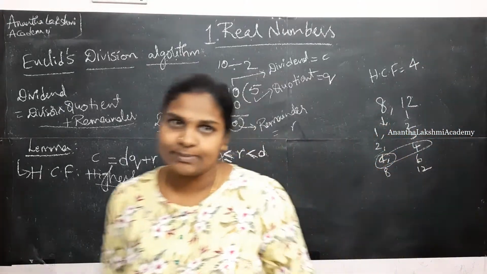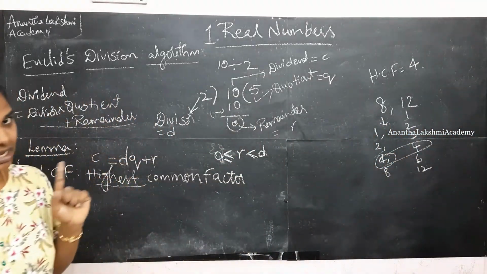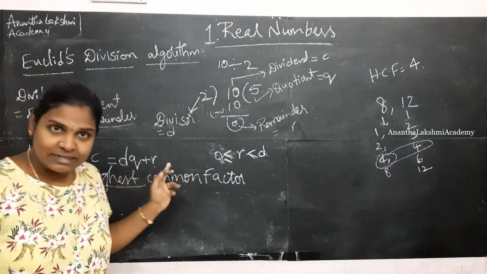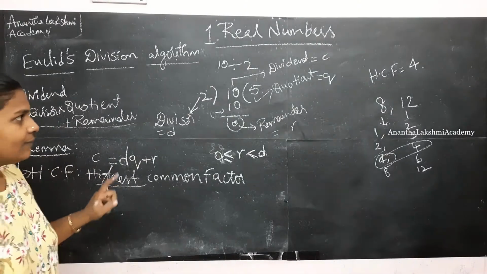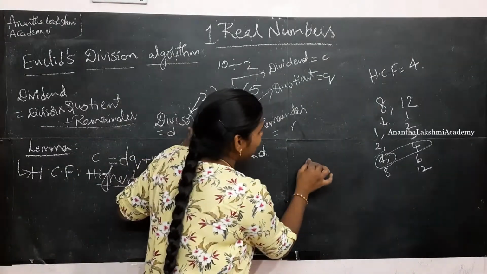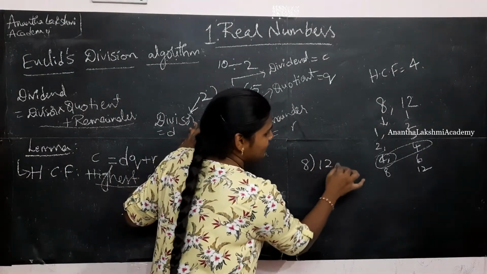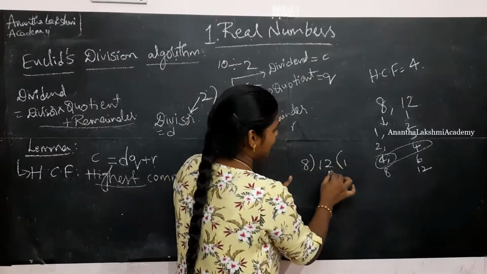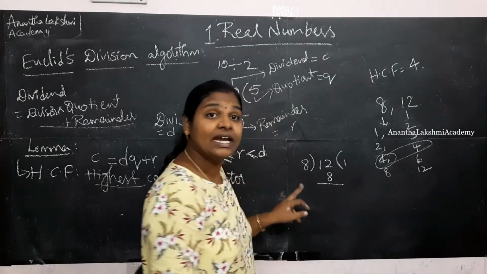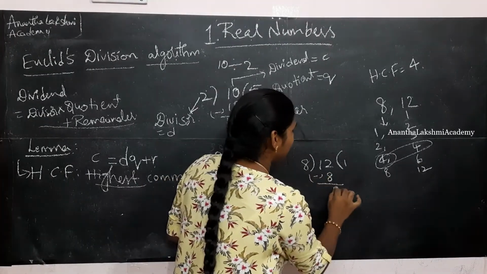Let us solve this by using Euclid's division lemma. So within this lemma, I just have mentioned the first point. There are 2 more points to be mentioned. So what he says is, he uses the same division algorithm. 8 ones are 8. What is the remainder? We get subtraction, we get 4.